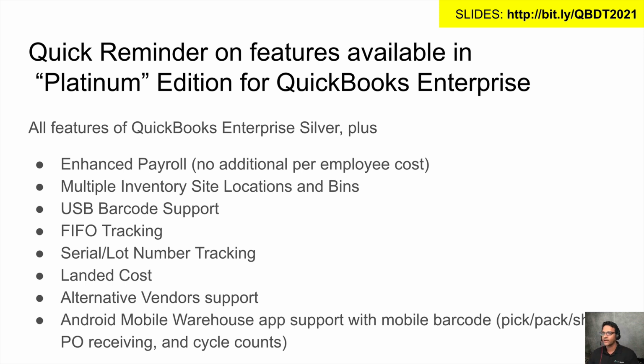Specifically with Platinum, you're going to have enhanced payroll with no additional per employee costs, multiple inventory site locations, USB barcode support, FIFO inventory valuation tracking, serial or lot number tracking, ability to track landed costs, alternative vendor support, and the partially new, from 2018, Android mobile warehouse app that can have a built-in barcode and can do pick, pack, ship, PO receiving, and cycle counts.